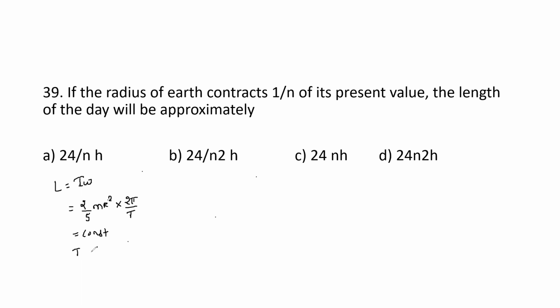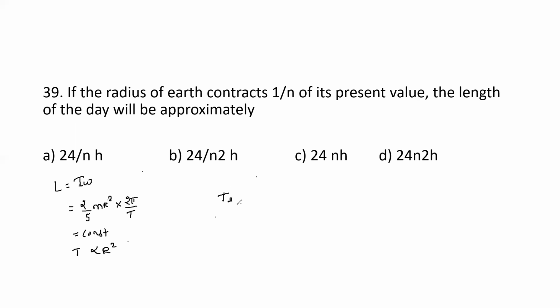Therefore, we can say that T is proportional to r square. I have written angular momentum in terms of moment of inertia, 2 by 5 m r square, because we consider Earth as a sphere, into omega, which is 2 pi divided by T. Here all the other values are constant, therefore T is directly proportional to r square.